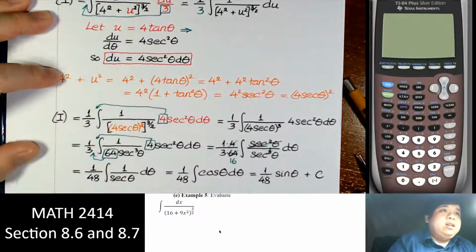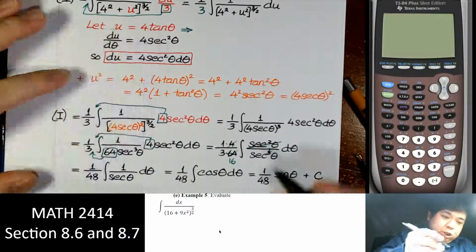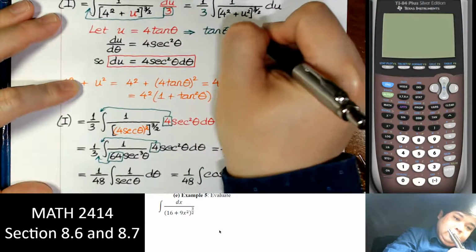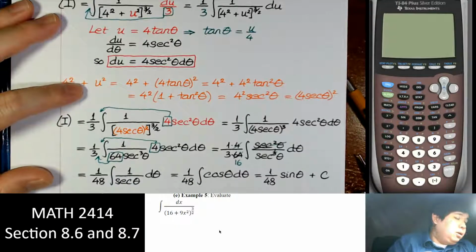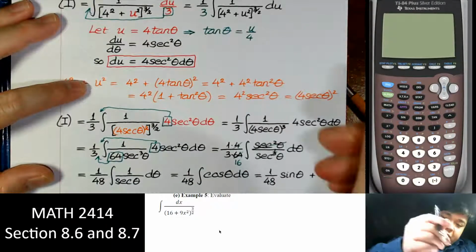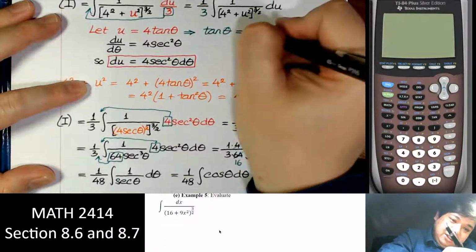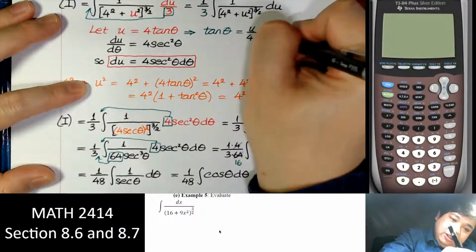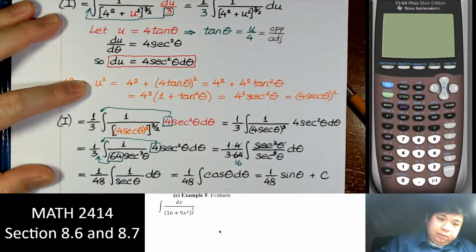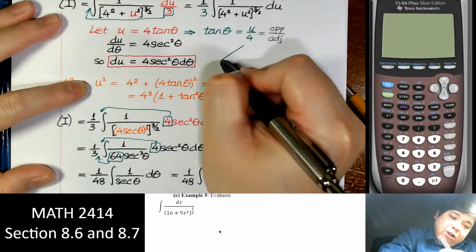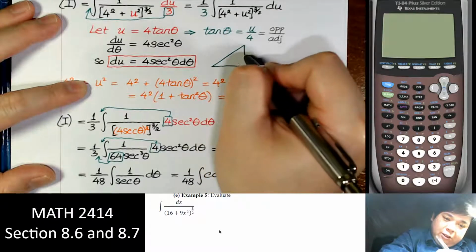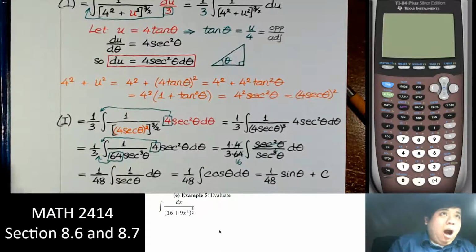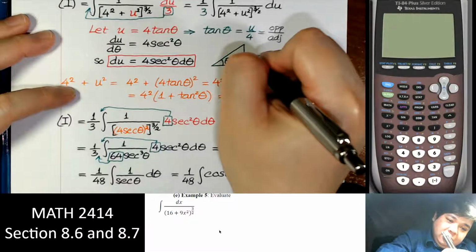U equal to 4 tangent. So tangent is equal to u divided by 4. Right? And tangent is opposite over adjacent. So right triangle. Opposite over adjacent.